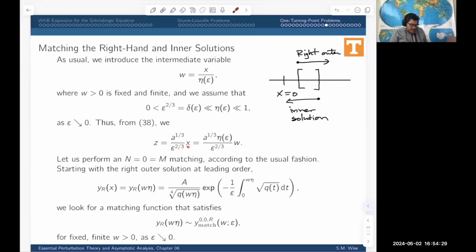Solving for x, that means that z is equal to a to the 1/3 eta over epsilon to the 2/3 times w. So all I did there was solve for x, right? x is equal to w eta, so just put the w eta there for x. And we're going to perform an n equals 0, m equals 0 match according to our standard procedure.